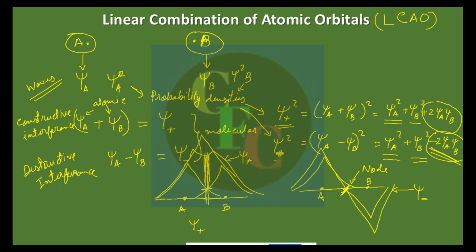Now there is a decrease, even from the individual atom, in the probability of finding the electrons, if the electron resides in this kind of orbital, sorry, psi minus square. So these are the two molecular orbitals that we get by linear combination of the atomic orbitals psi A and psi B, that is psi plus and psi minus.